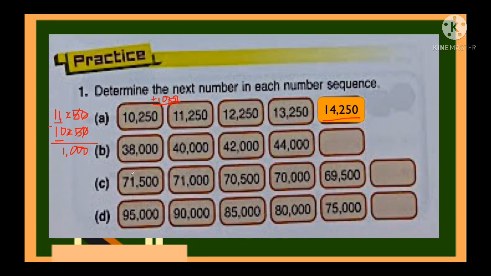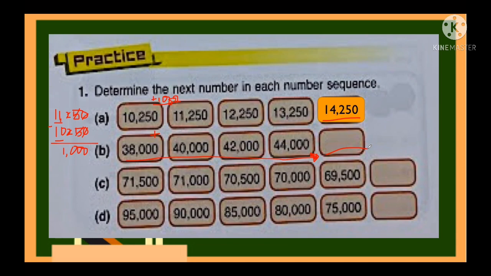Okay, how about here? Letter B is also increasing. So therefore, our pattern is also plus. We have 38,000, 40,000, 42,000, 44,000. So what will be our next number?